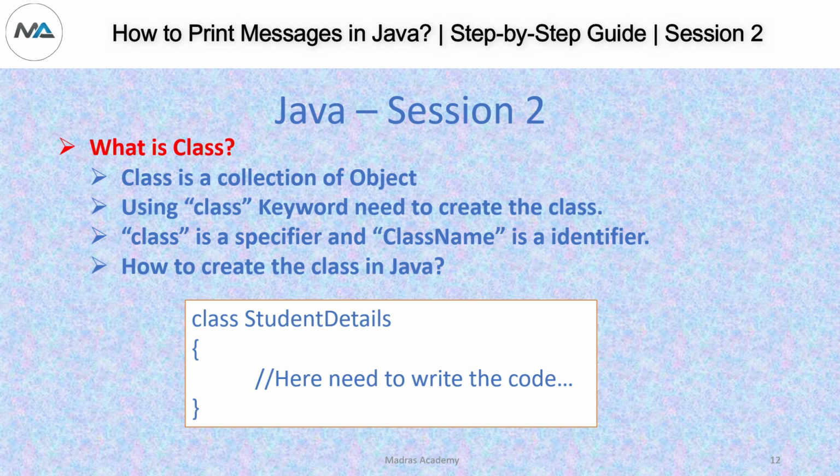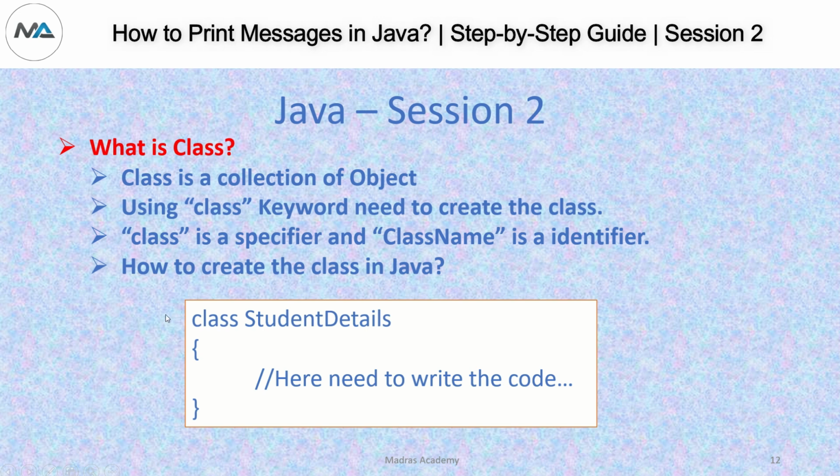So this way we need to create the class name, or you can give a single word, Student, like that. So this is the format. Like this way we need to create the class, and class is a keyword. This keyword I already told you is a reserved word, and we need to write it only in lowercase, not in uppercase.